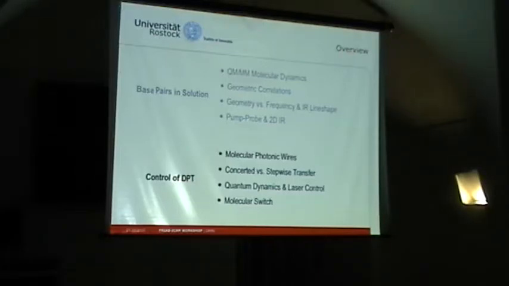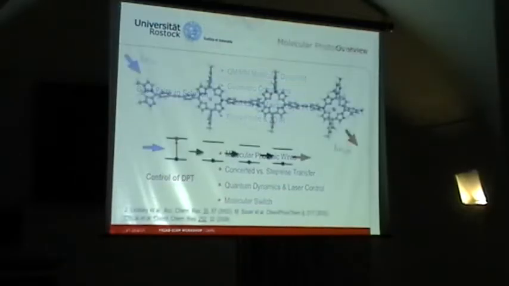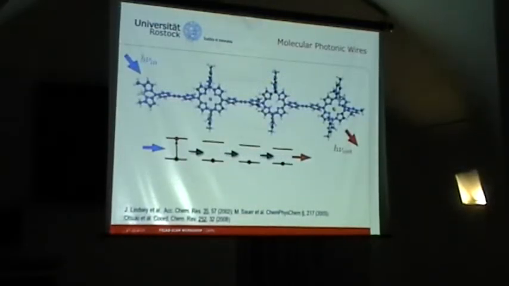So now coming to the second point, after we went through this base pair stuff here, which is related to exciton transfer, as I promised initially, it's about molecular photonic wires, and I will just try to sketch how this is related to proton transfer.